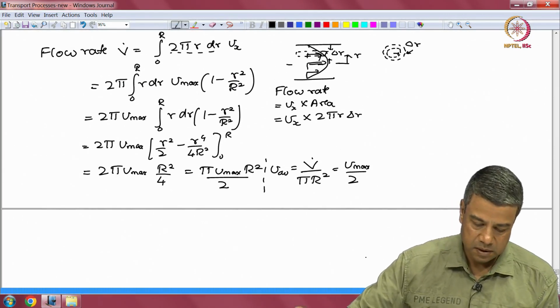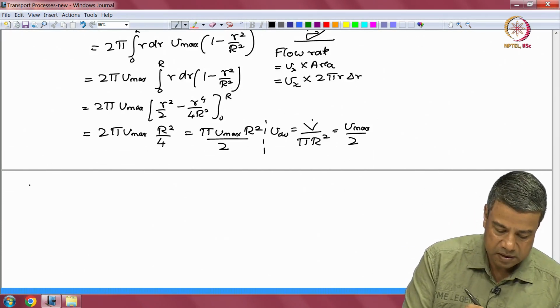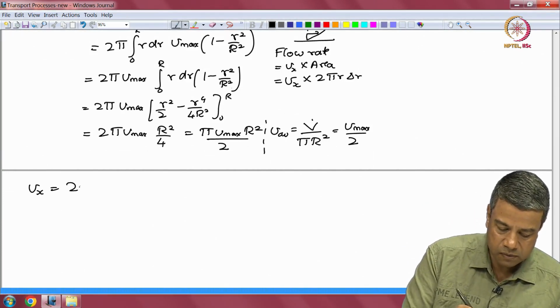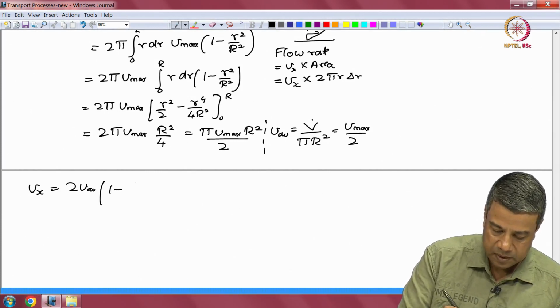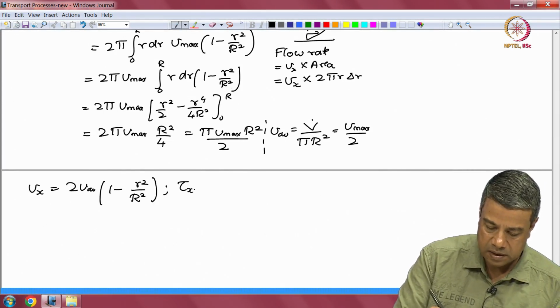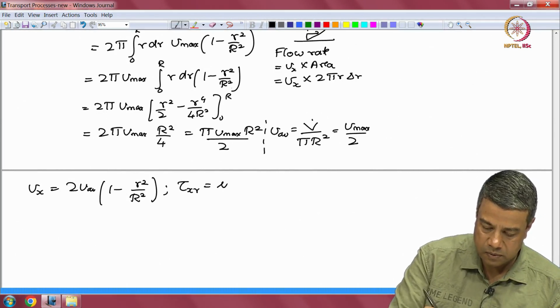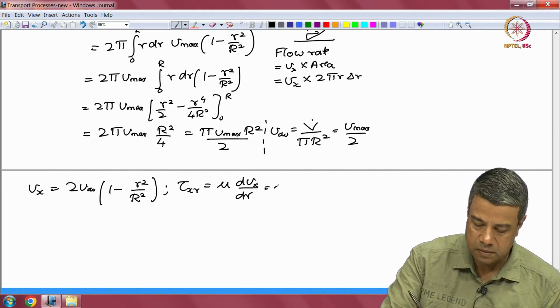Therefore, the velocity profile can equivalently be written as Vx is equal to 2 V average into 1 minus r squared by R squared, and the shear stress tau x r is equal to mu dVx by dr.